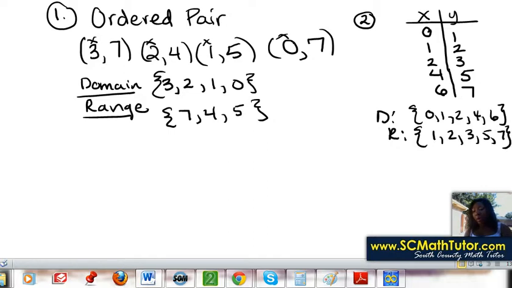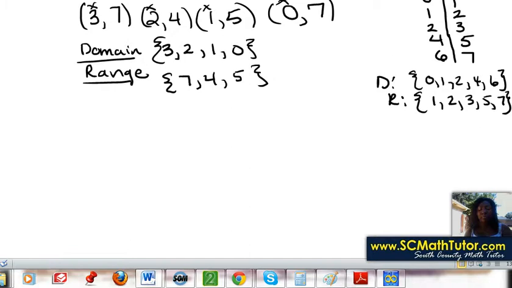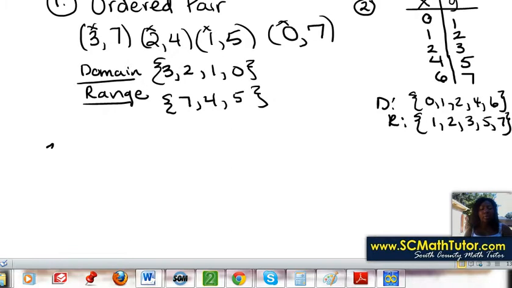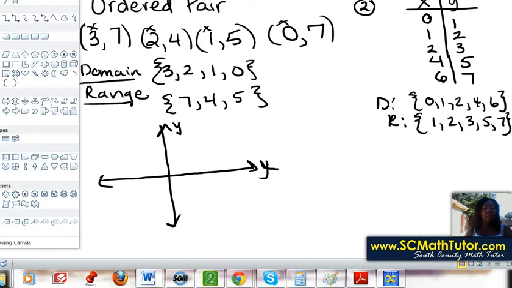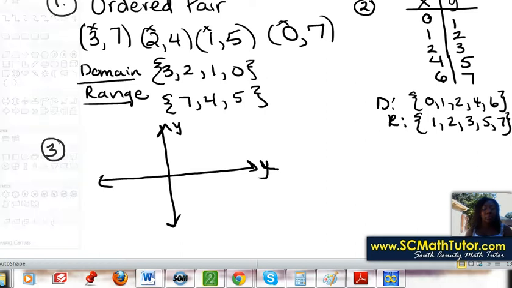What if we have a graph? Number 3, let's make a graph. Let's make the graph of a line. Here's my x, here is my y. Let me make a straight line, so I'm going to use my tool here.